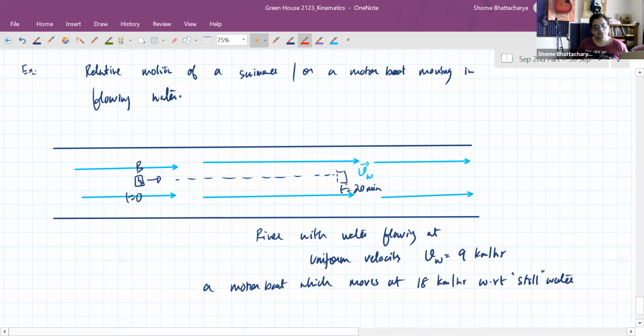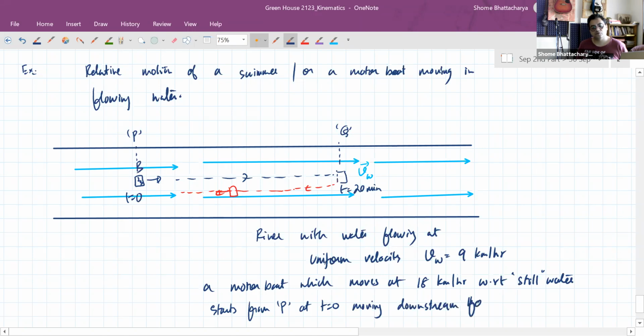Okay. And then it makes a U-turn and comes back upstream. Let's say the point P, the point Q. So it starts from P at t equal to 0, moving downstream for 20 minutes.